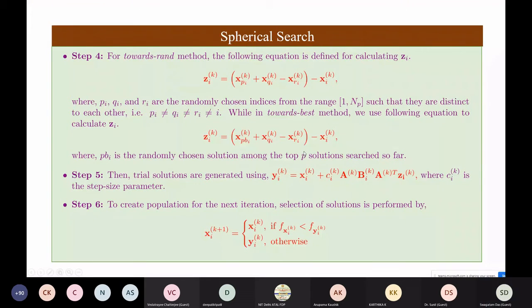If you have 100 solutions and p is 0.1, 10% maybe, that means this pbi will be one of the top 10 solutions in the population. Finally, after we have chosen this Zi, we can create the random trial solutions. These are our perturbed solutions, Yi, by using Xi plus Ci times, where Ci is the step size.